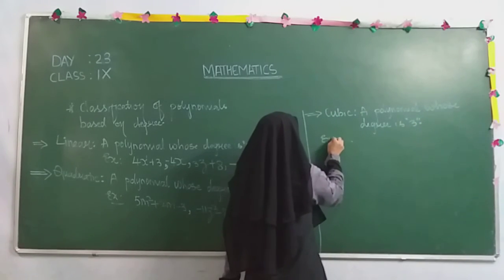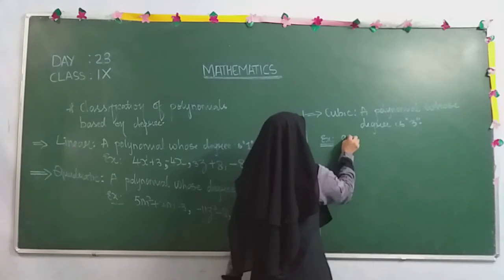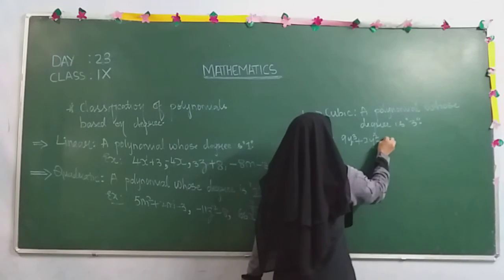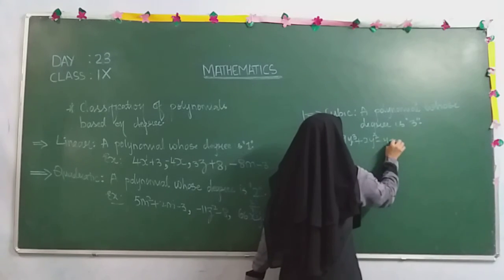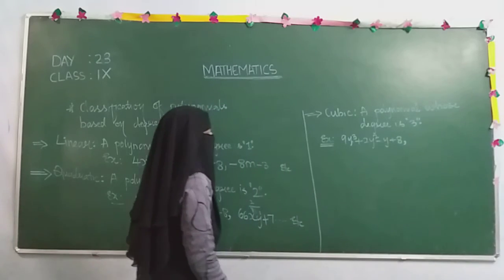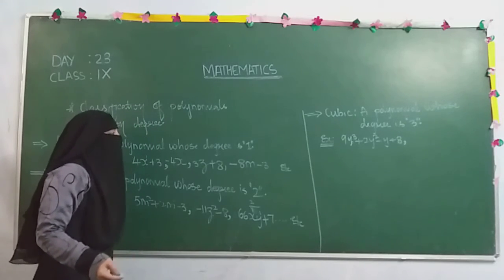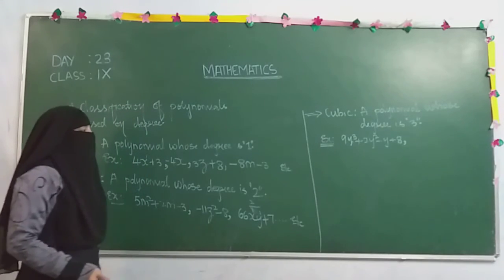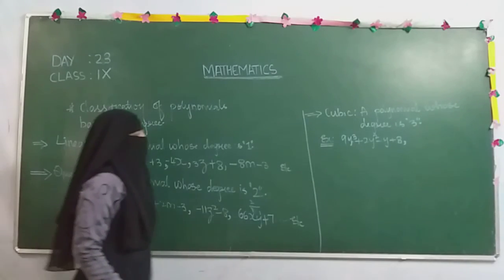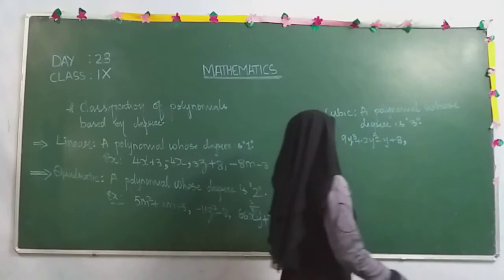Example of this: 9y cube plus 2y square minus y plus 8. How many terms are there? 4 terms. Based on terms, it becomes a multinomial, because yesterday we studied that any polynomial having more than 3 terms is called a multinomial. So based on terms it is a multinomial, but based on degree it is a cubic polynomial.